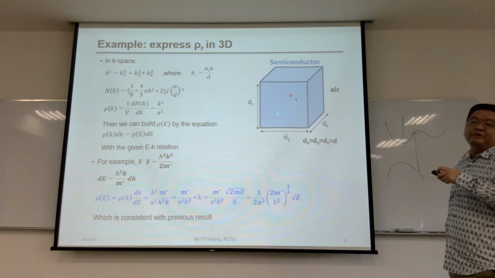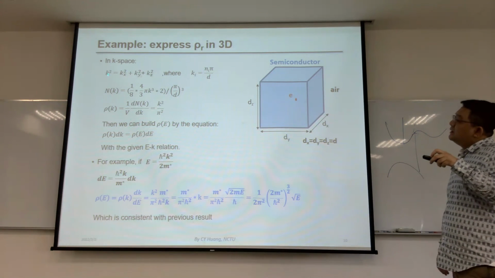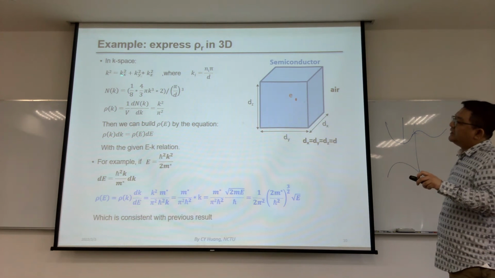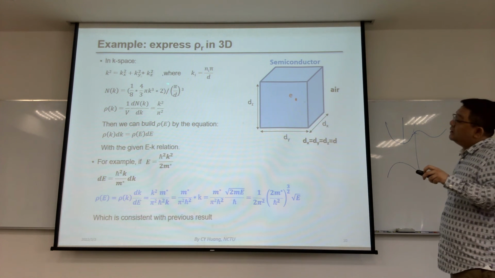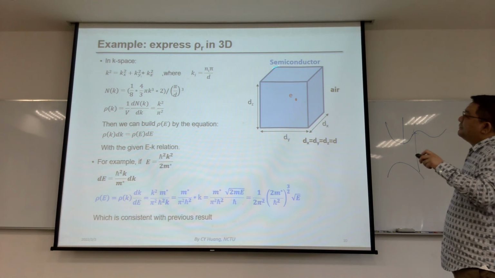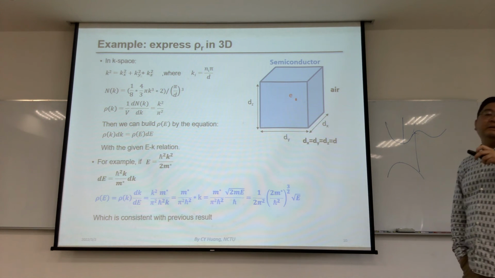Let's consider a very big cubic semiconductor. The k in an arbitrary direction could be written as kx squared plus ky squared plus kz squared. And because this is a particle in a box, k must be pi over d times an integer.